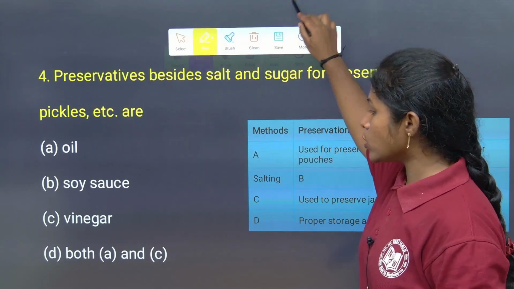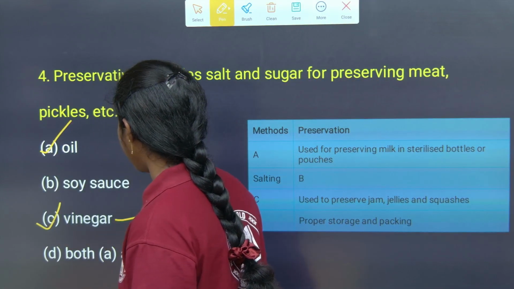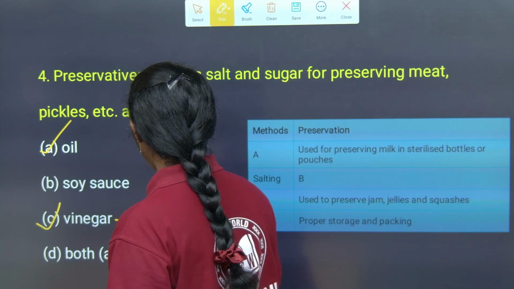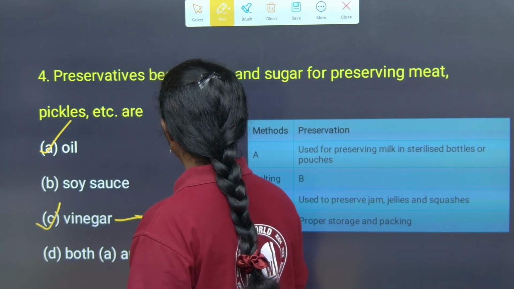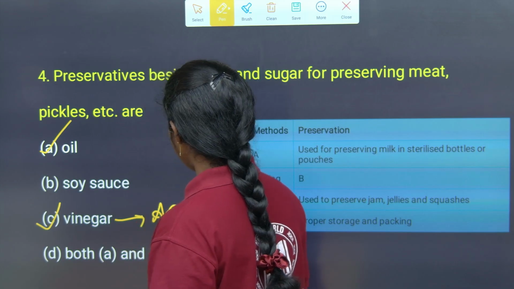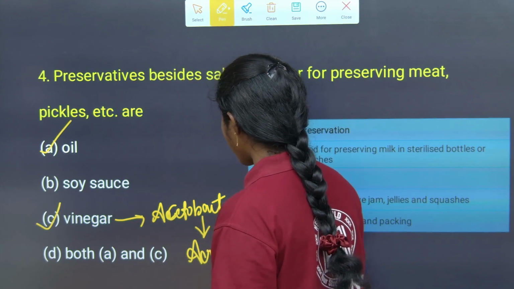pickles. And vinegar also, children, vinegar is obtained from Acetobacter. It is an aerobic bacteria, by the fermentation process, children. What is meant by aerobic, children?